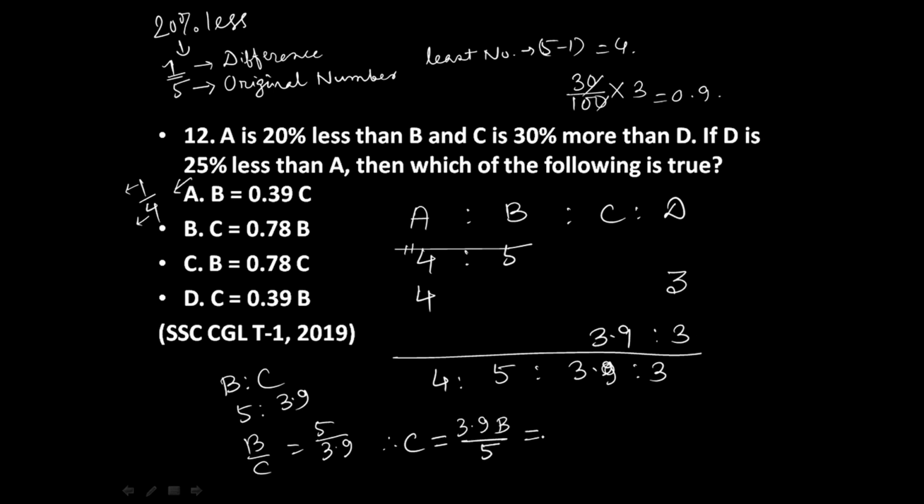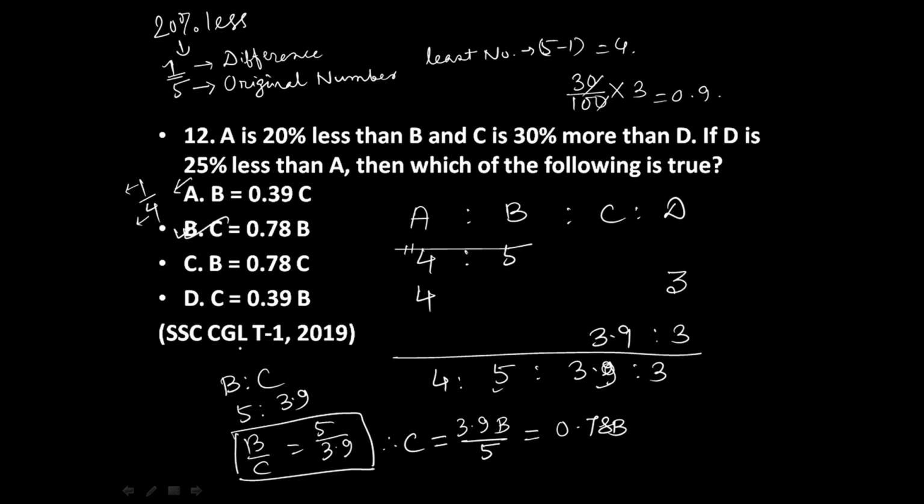It will be 0.78. You just have to form this so that the concept is clear for you. So B by C equals 5 by 3.9, so C equals 3.9 B by 5. It is 0.78. Clear? So option B is the right answer.